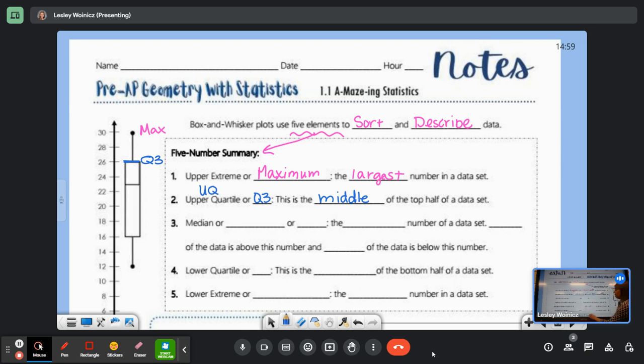Okay, next we have the median, also known as the center, also known as quartile 2. This is the middle number in a data set.